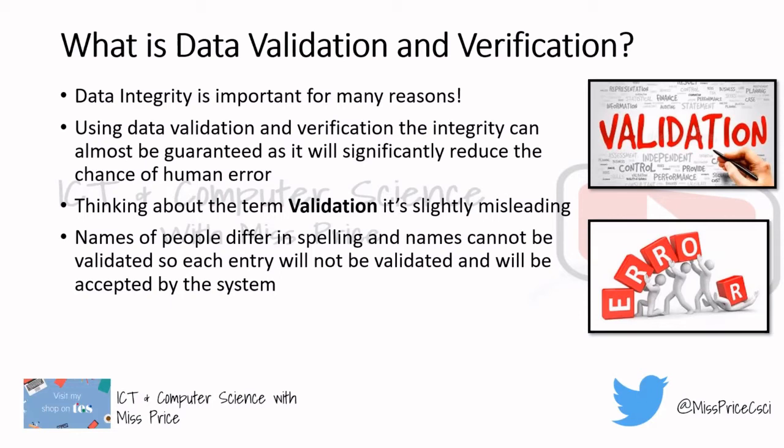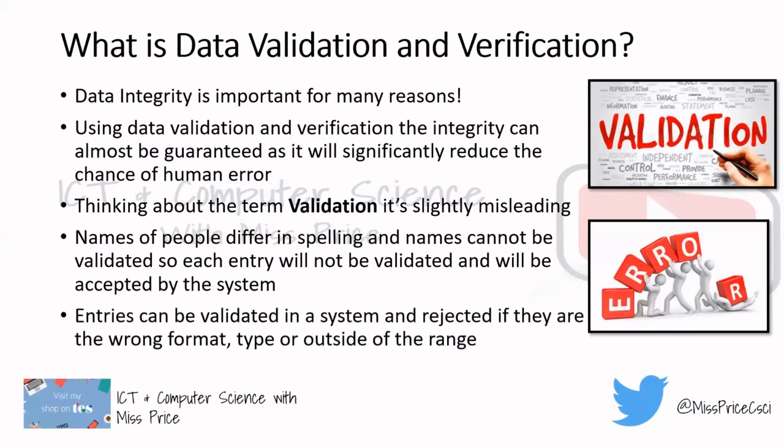Some names are very common, but it's far too complex to validate. So if we think about types of validation we can perform in databases, such as format, type or ranges, we can guarantee the integrity of those entries, and we can almost guarantee a complete reduction in human error.